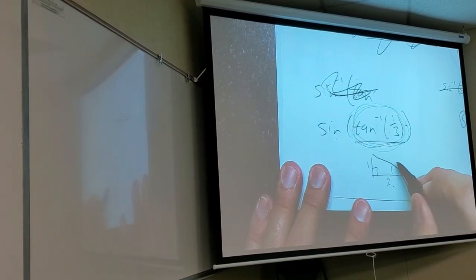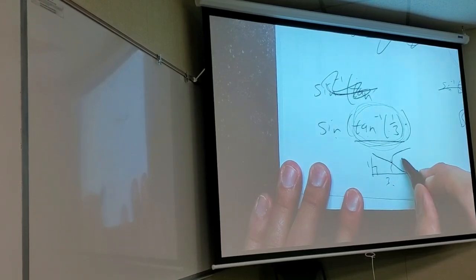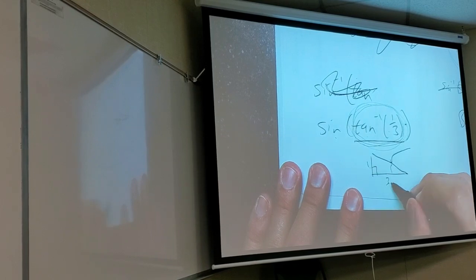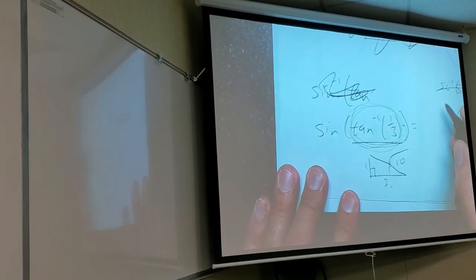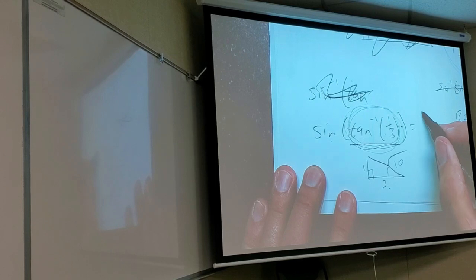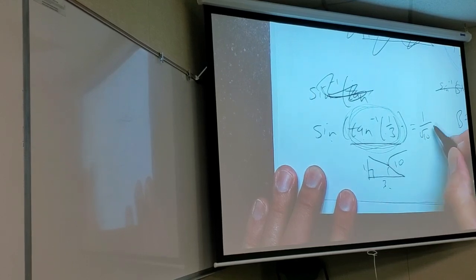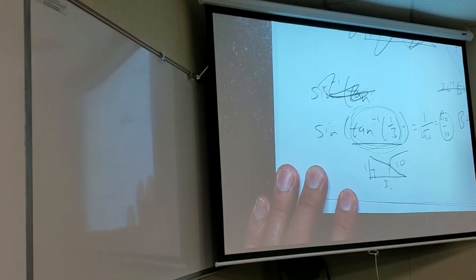To get the sine I need R. 1 squared plus 3 squared, 1 plus 9, 10. So the sine would be 1 over square root 10, which is square root 10 over 10. Good.